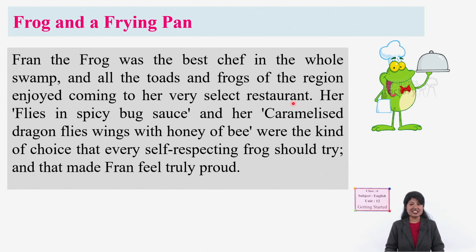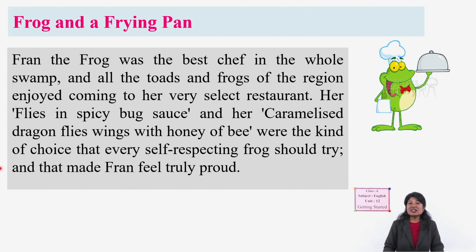He has a restaurant. Who has? Fran. Fran had a restaurant. Her, it's not his, it's her. Her flies in spicy bok sauce. What do frogs eat? Flies. So this is the dish of the frogs, flies in spicy bok sauce. Would you like to try? Obviously not, right?